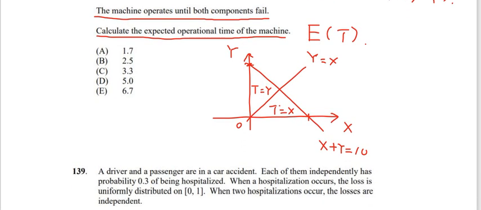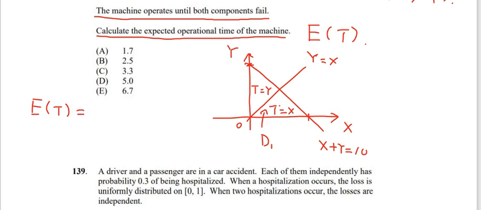Okay. So we want to find E[T]. We put this as D1, D2. Suppose this is D1 and this is D2.